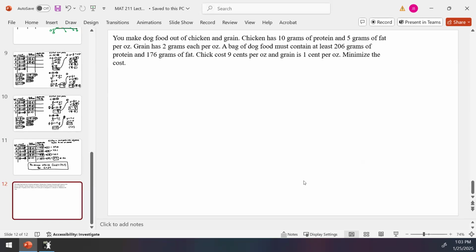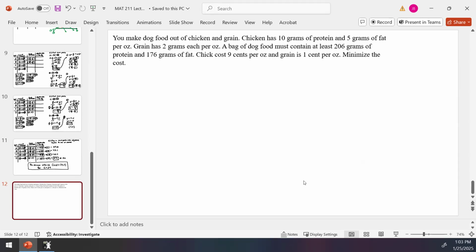So this is a good example of that, right? If chicken costs 9 cents per ounce and grain is 1 cent per ounce, so almost a 10 times difference, but the difference in nutrients is 5 times, and I guess 2.5 times. The cost is so much cheaper compared to how much extra protein and fat you gain from chicken, that the answer is most likely going to be a formulation of all grain, right? So that is actually going to be the optimal solution here.